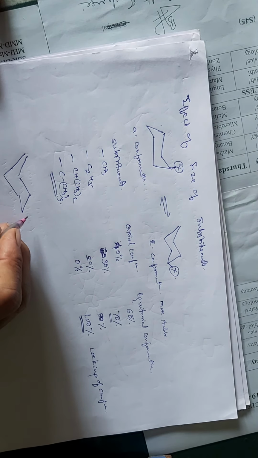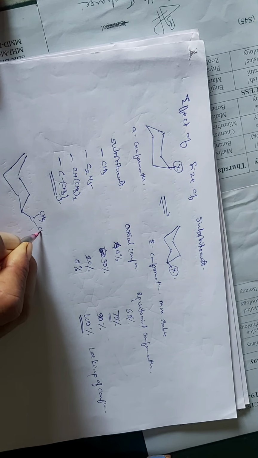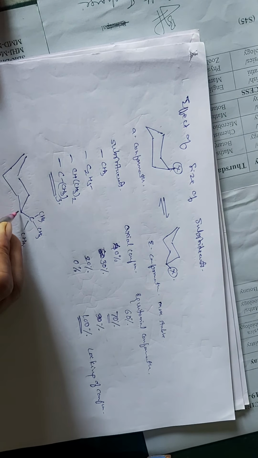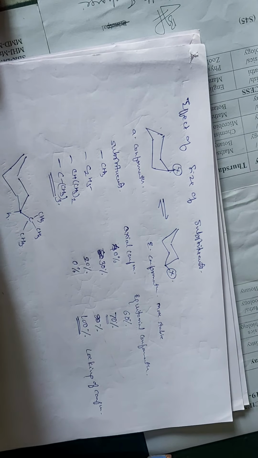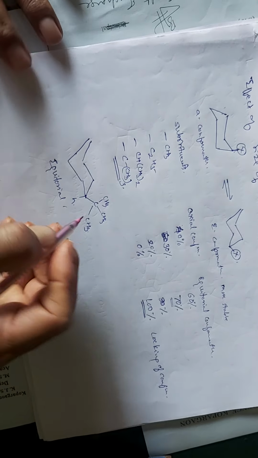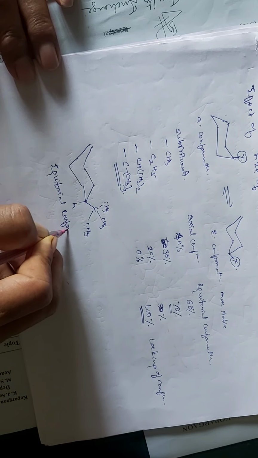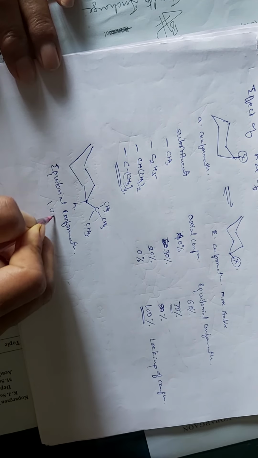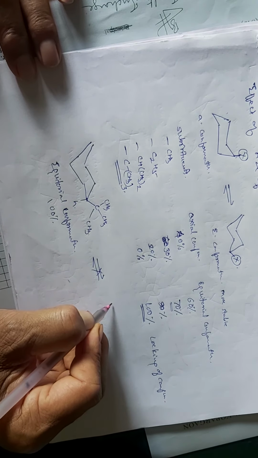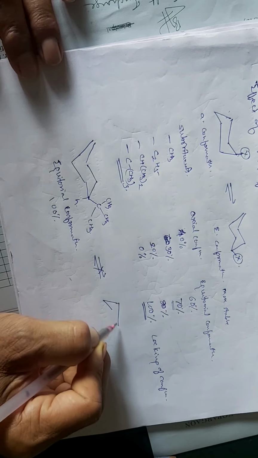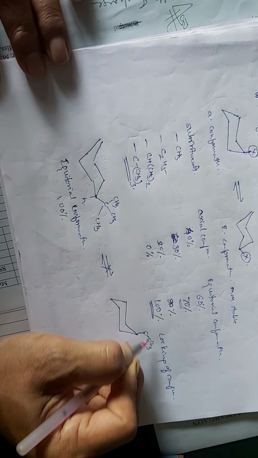And so here, when the group is equatorial, that is CH3, and here CH3, hydrogen at the axial position. So this equatorial conformation is 100%, and ring flipping does not take place. Here you will get the conformation in which the tertiary butyl group will be at the axial position.